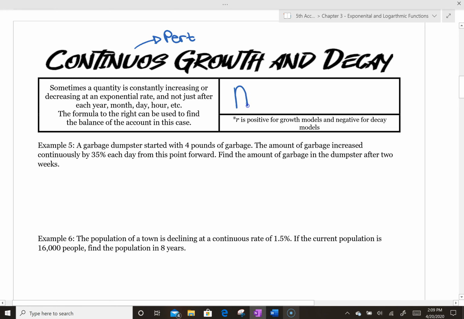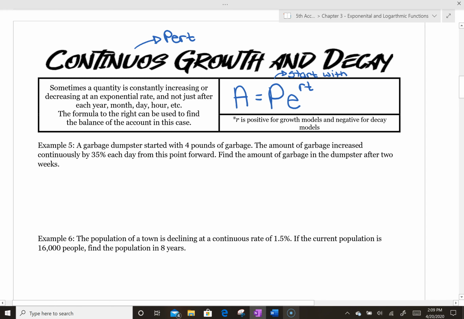Okay, this is where that capital A comes into play that I told you about. The only difference is instead of a lowercase a, we have a capital P. This is your starting amount, your initial amount. And then we have our E to the R T power. R will be positive if it's a growth model and negative for a decay model.